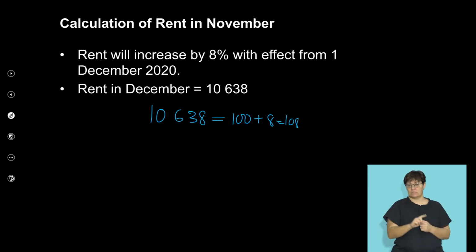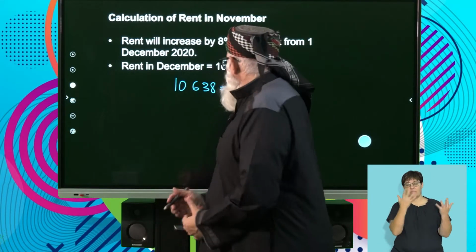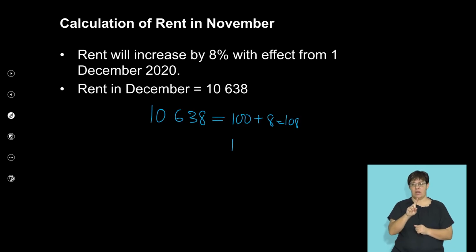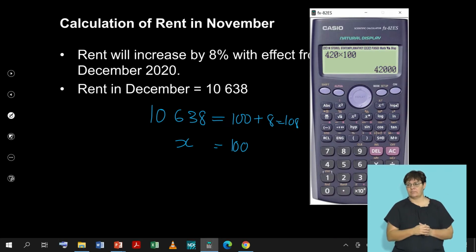What are you expected to calculate? You are expected to calculate the rental for the previous month. That means the month before the increase. Obviously, that works out to 100 is equal to my unknown. And if we do this in terms of our calculation, we say 10638 times 100, divided by 108, and that will give me a figure of 9850.